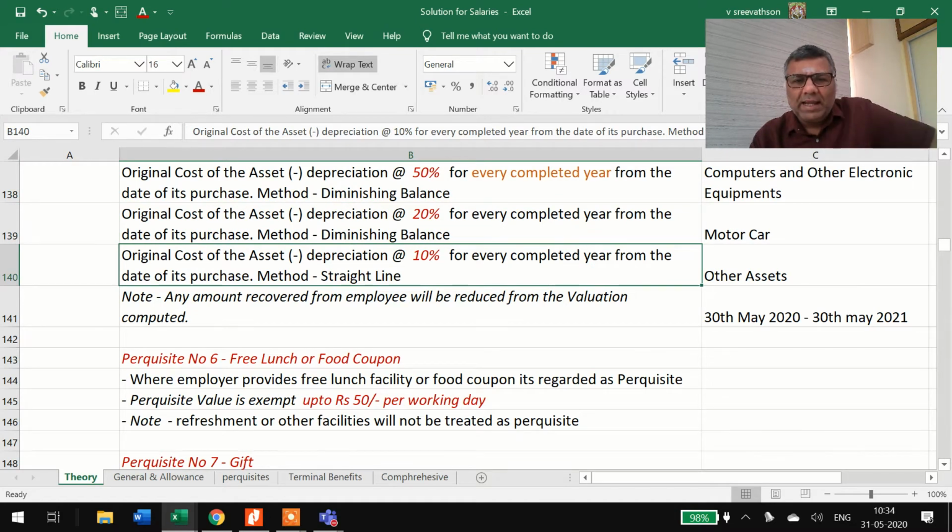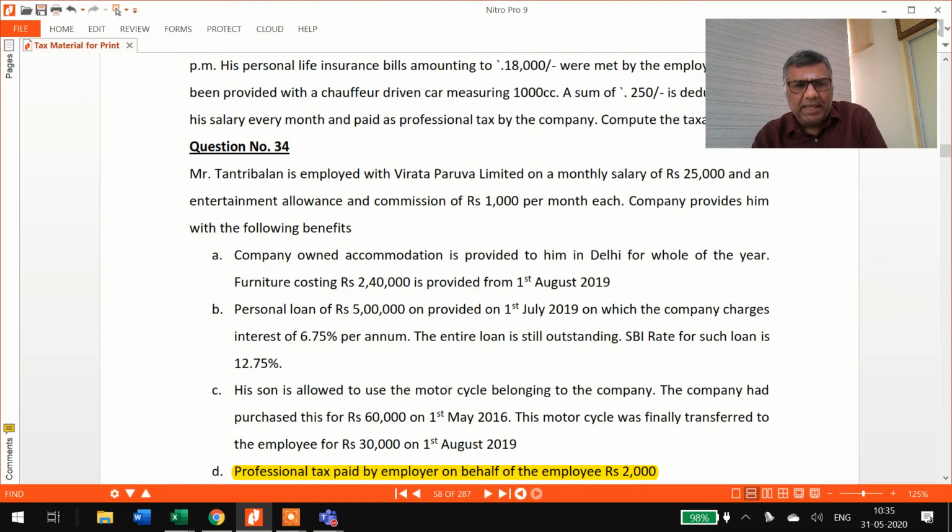For other assets, original cost minus depreciation at the rate of 10% for every completed year, and the method is straight line. So if I go back to the question, it was purchased on 1st May 2016, transferred on 1st August 2016.